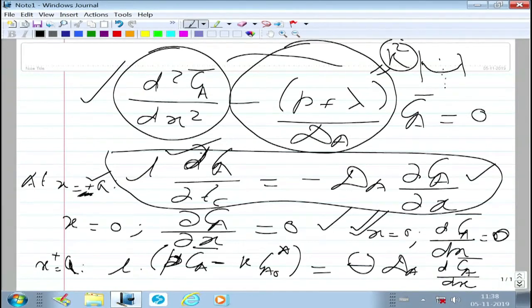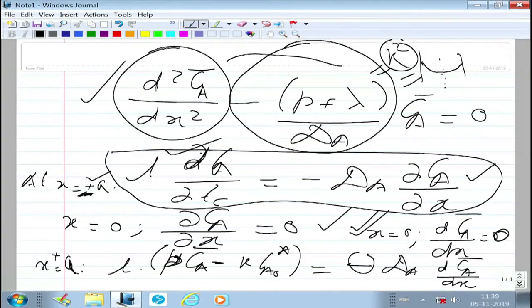Okay. So, define minus p plus lambda by dA as k square, and then solve this equation d2 CA bar by dx square plus k square CA bar equal to 0 as sum of cos kx plus sin kx kind of terms with the constants, say a1 times cos kx plus a2 times sin kx, and then use these boundary conditions to figure out the constants a1 and a2.